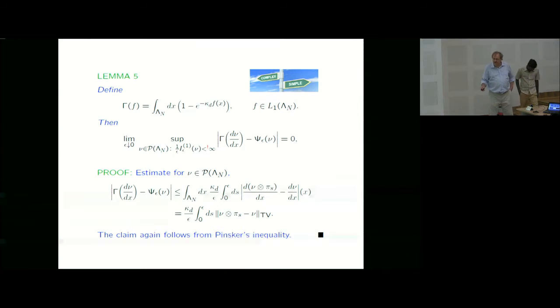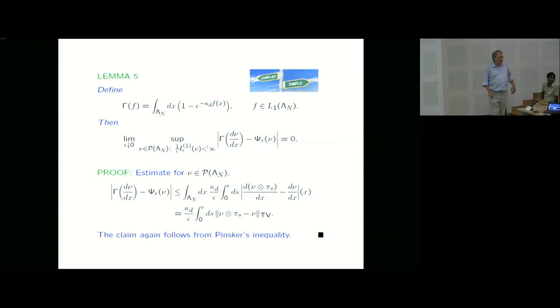Again, you write them both out. They're both exponential objects, and you again bound them by something that involves a total variation. And again, by Pinsker's inequality, you can prove that this object here goes to 0, and therefore this whole integral will go to 0.